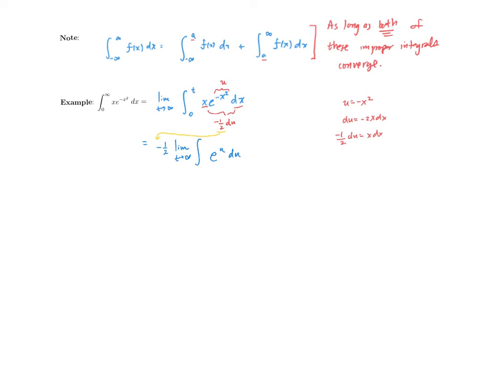But remember, with each and every definite integral that we evaluate with a substitution, we must change our limits of integration. So for that lower limit, when x is 0, u is minus 0 squared, which gives us a lower limit of 0. Similarly, for our upper limit, when x is t, u is minus t squared.